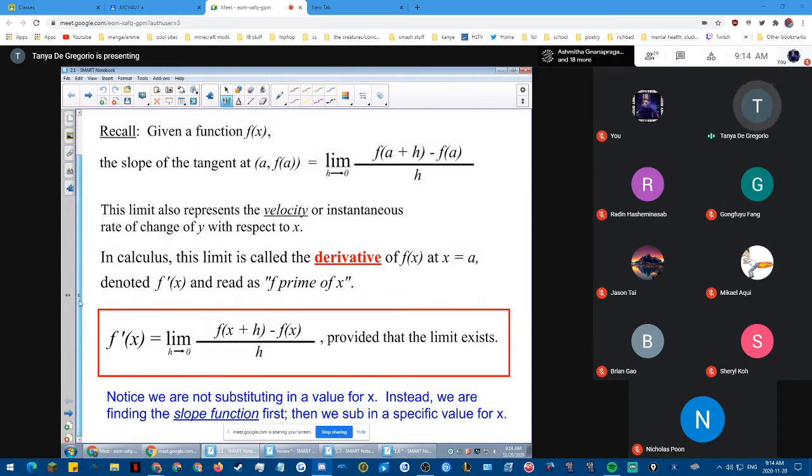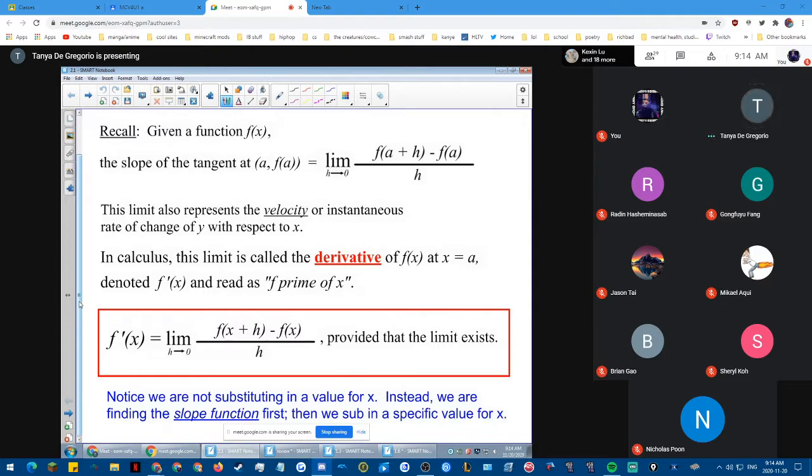In calculus, this limit is called the derivative. We're finding the derivative of f of x at x equals a, denoted f prime of x. Here it's f, it kind of looks like an exponent of 1. It's not.